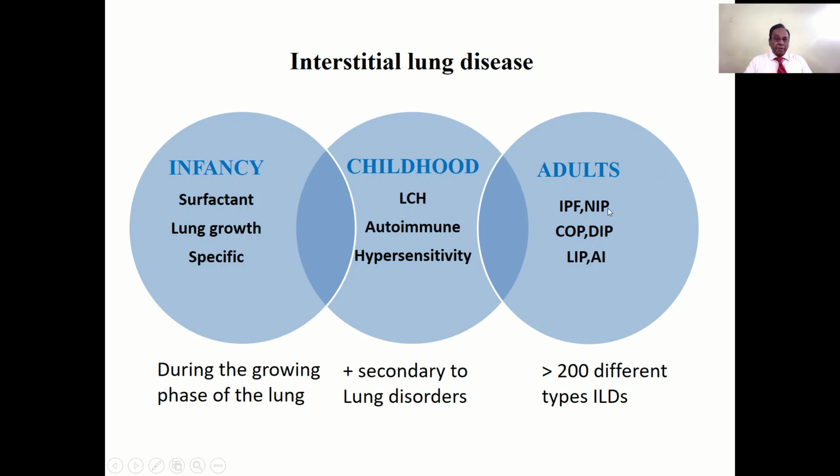There are so many causes in adults. In infants, the most common causes of ILD are surfactant disorders or lung growth dysplasias, causes that are very peculiar to infancy because infant ILD occurs during the growing phase of the lung. That is the reason why I already talked about this subject as a separate video.